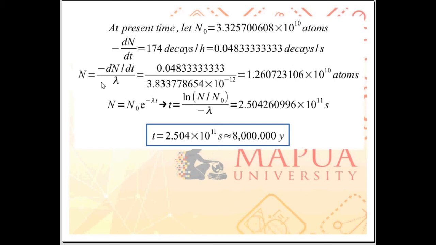And again, the number of atoms is just equal to the decay rate divided by the decay constant. The decay constant we already know, 3.833778654 times 10 to the negative 12.